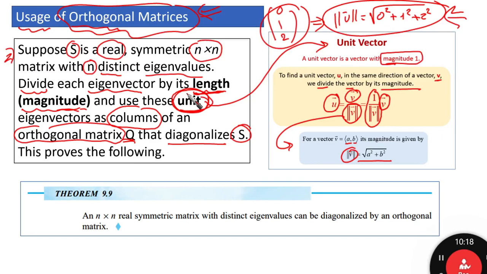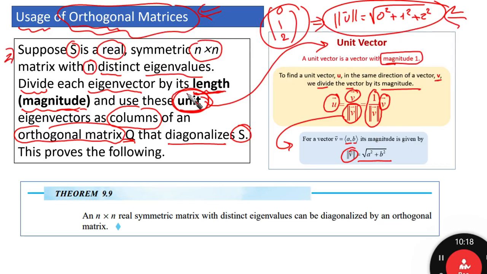The columns of the orthogonal matrix are going to be the unit eigenvectors of the original matrix that we have.